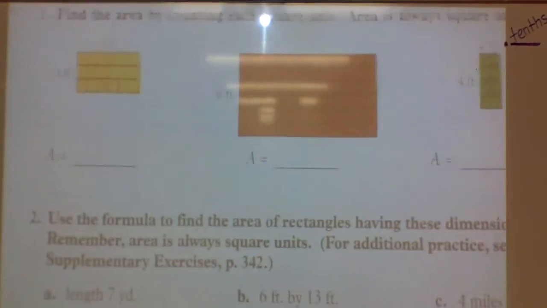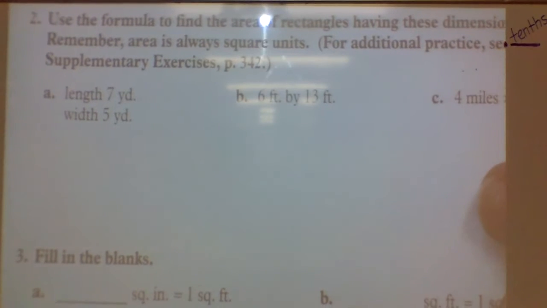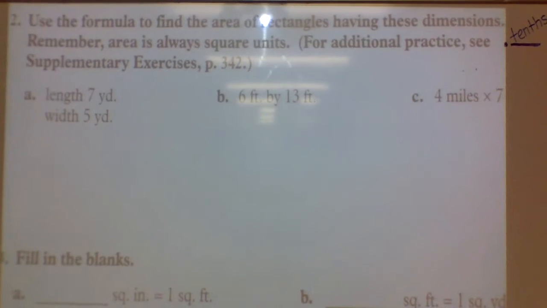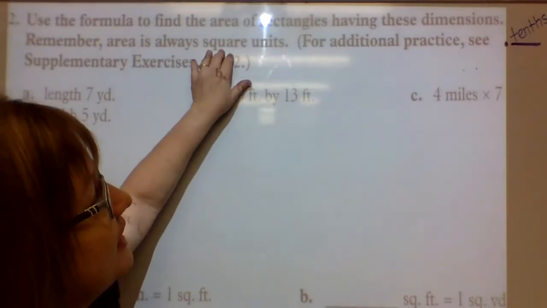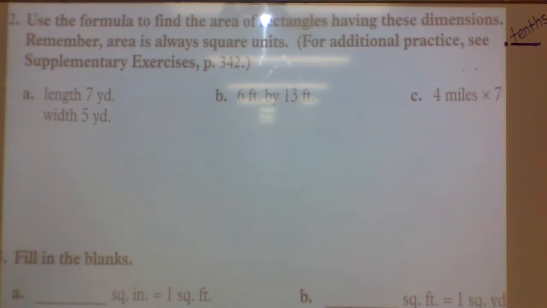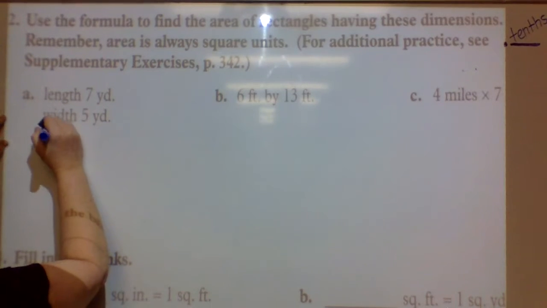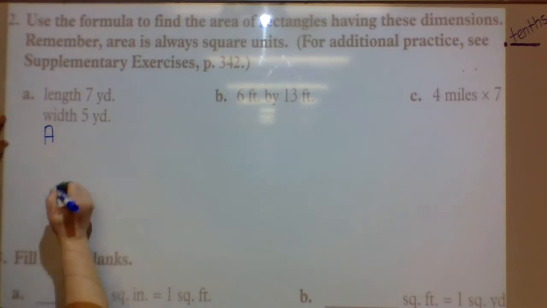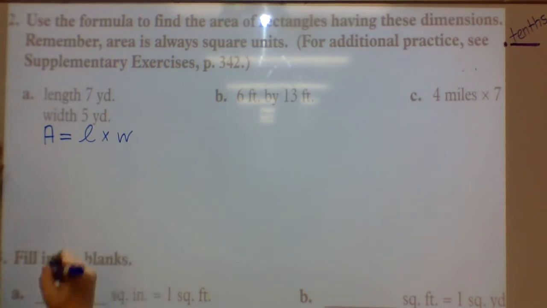Then I will help you on this section because this is different. It says use the formula to find the area of rectangles having these dimensions. Remember, area is always square units. So the length of this one is 7 yards. Width is 5 yards. So we're going to do our formula for area now, which is, I almost wrote P. Area equals length times width.